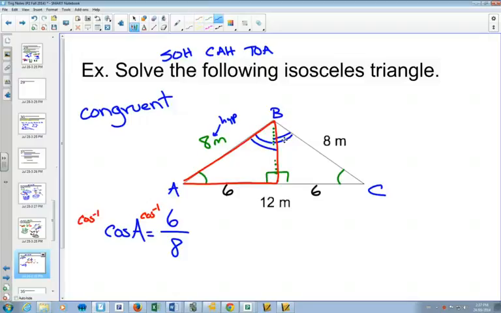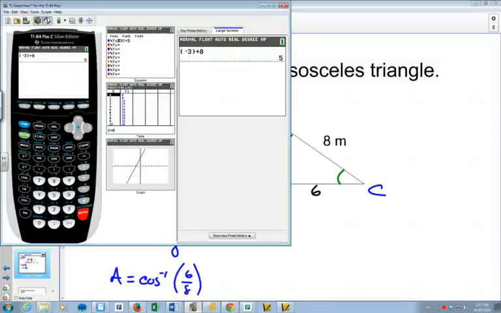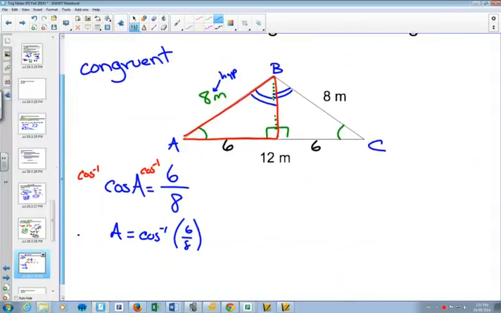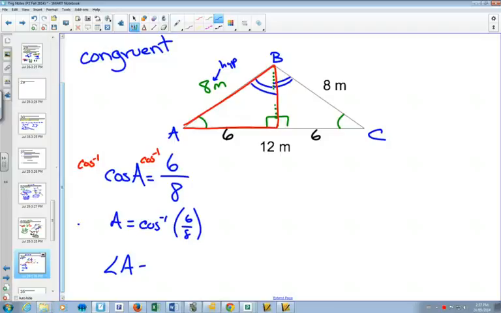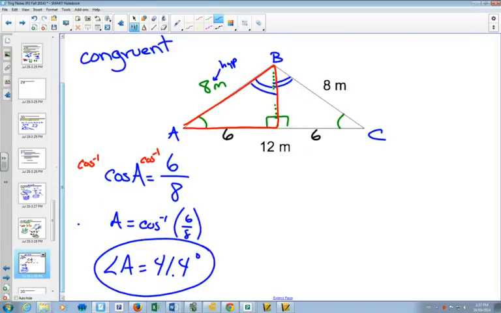That gets angle A by itself. Cos inverse of 6 divided by 8, 41.4. So angle A equals 41.4 degrees.